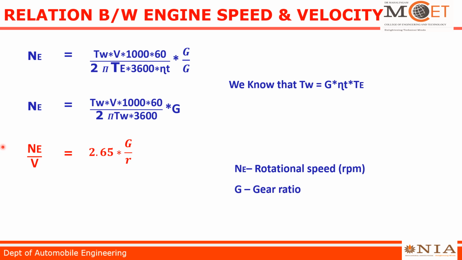G indicates the overall gear ratio, that is the gear ratio of the gearbox into the axle ratio, that is the differential gear ratio. We take it as the overall gear ratio. And r indicates the radius of the tire in meters.